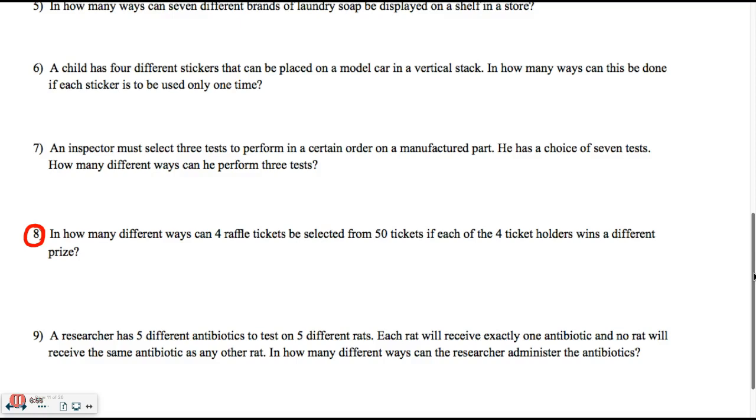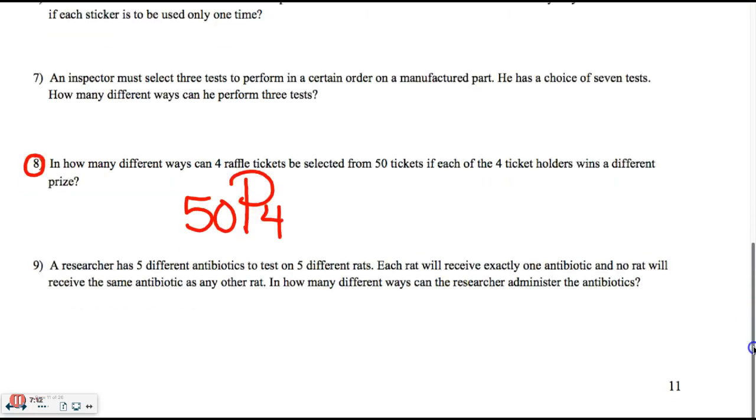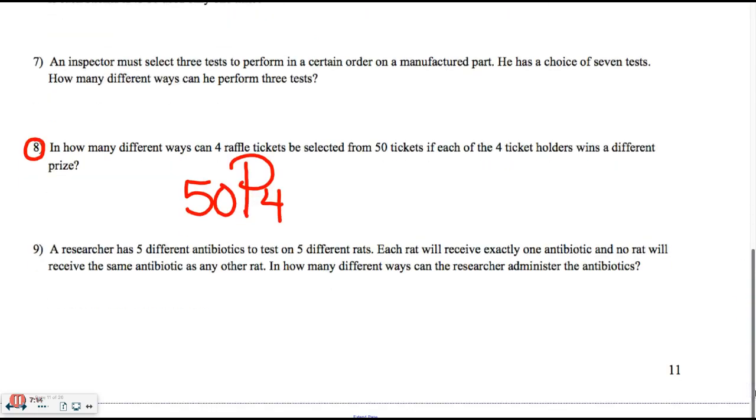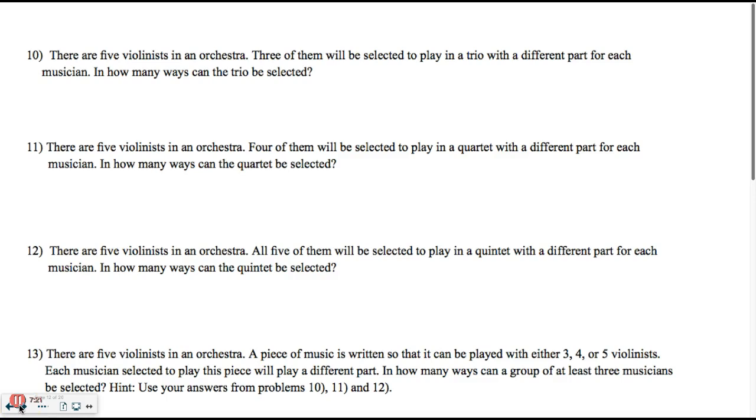But for these permutations, the order matters. So we have 50 people, and we're picking 4 winners, or 4 tickets. And again, these numbers get really big, so don't let that be a shocker. Be careful when you enter them on Schoology that you get every digit down. So again, you'd go do that on your calculator, and I will do one more.